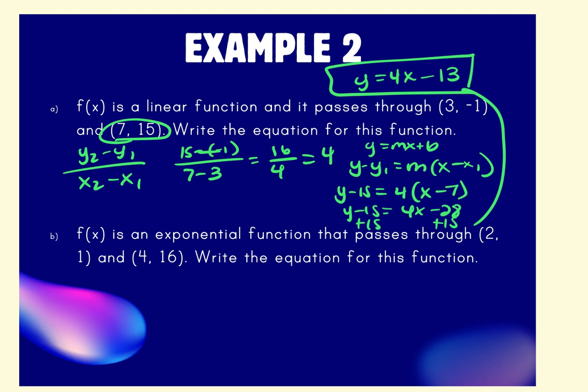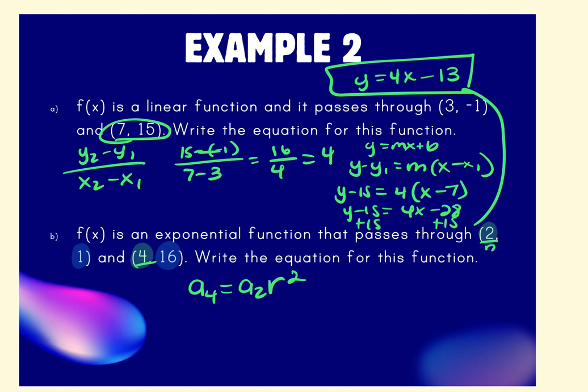But if I treat the x as your n, and I treat the y as your an, then I have an n of 2, so the second term, and an n of 4, which means I can do a4 equals a2 times r to what power? The second power.